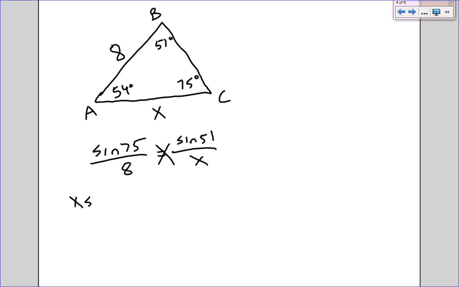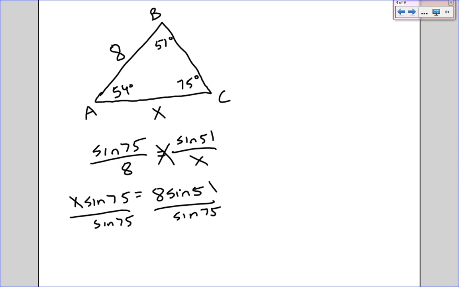Cross multiply, x sine 75 equals 8 sine 51. Divide both sides by sine 75. And then just type in your calculator, being very careful that you close your parentheses after doing sine 51. And you get that x equals 6.436.